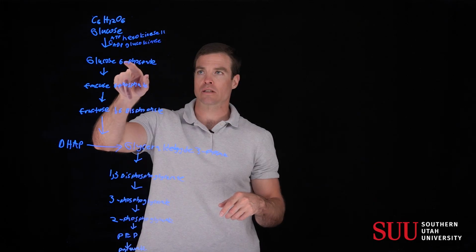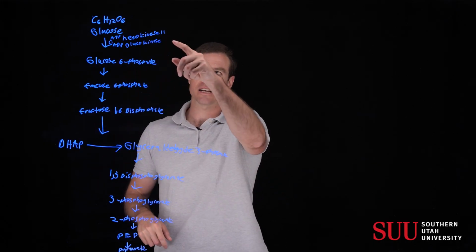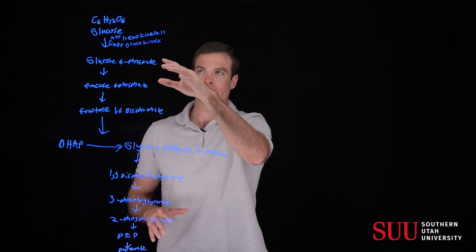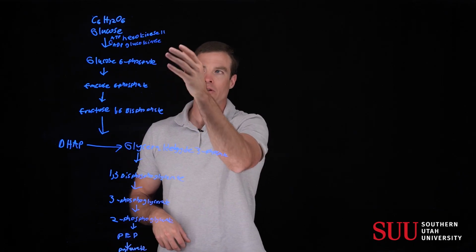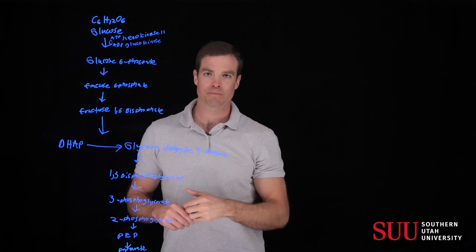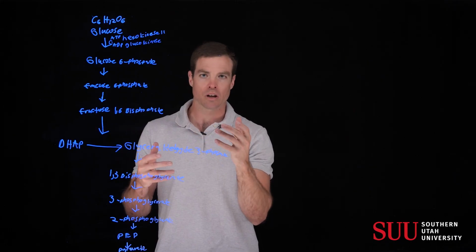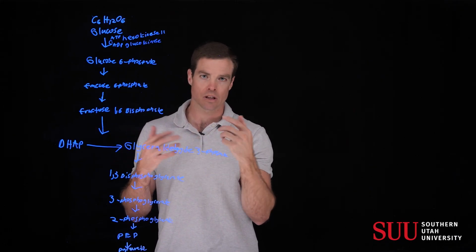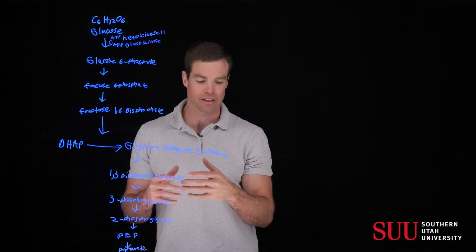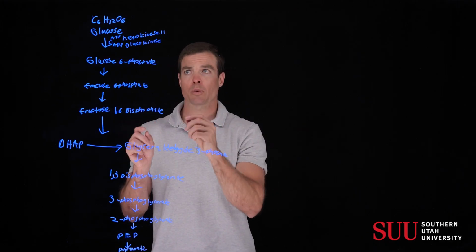If you have lots of glucose 6-phosphate, that can inhibit or decrease the activity of hexokinase, but it doesn't do that with glucokinase in the liver. And it's also regulated by hormones like glucagon, for example, in the liver, versus in the muscles, hexokinase is not regulated by that. So that's the first regulatory step.